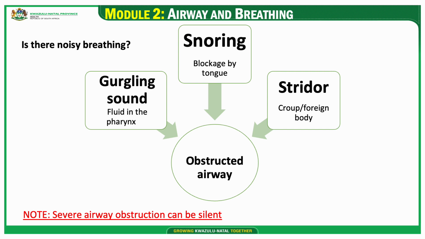It could be from a foreign body, whether this be food or beads or toys that the patient has put into his mouth, or from infections like croup. We do have to keep in mind though that if the airway is severely or completely obstructed and there's no airflow, then there won't be any noisy breathing.